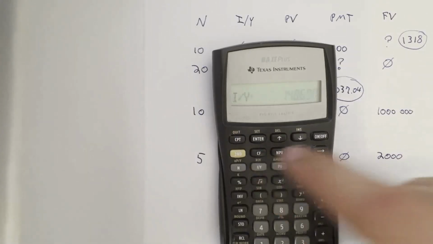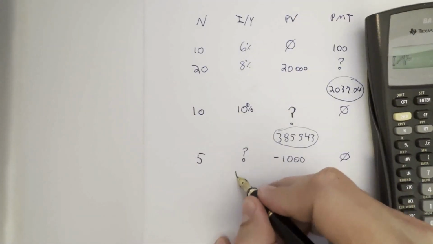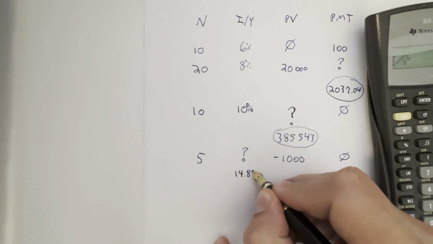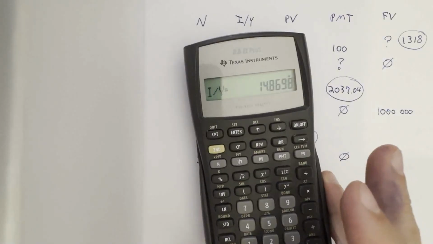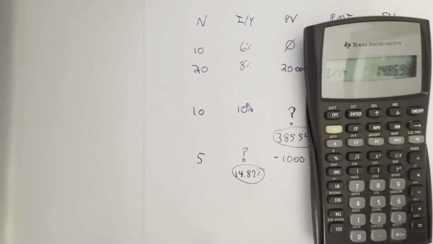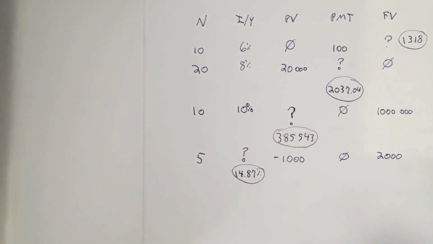Compute I/Y. So if we get 14.87% as a rate of return, it's right here on the calculator, 14.87% each year for the next 5 years, our $1,000 will grow to $2,000.